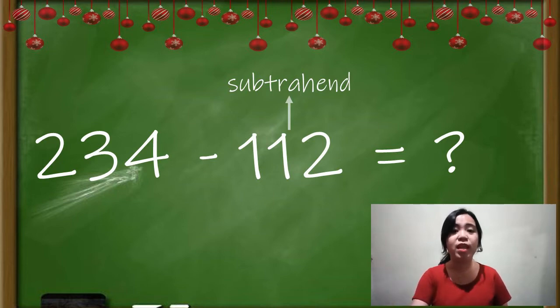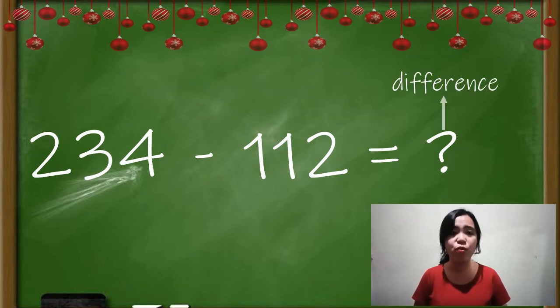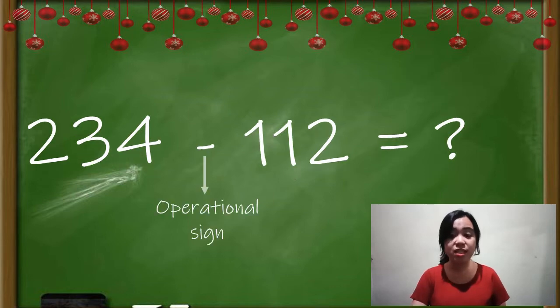Good. The difference is still blank because we're going to find the difference between 234 and 112. But before that, what operational sign should we use? It is the operational sign minus, or subtraction.